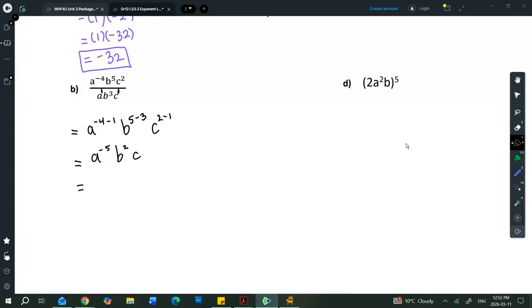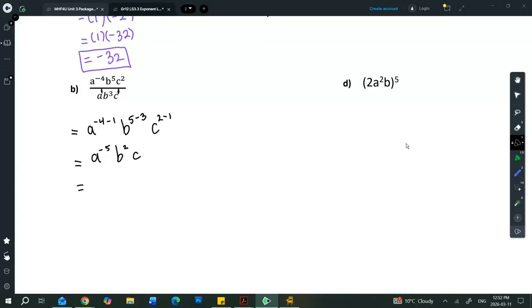So think about what we did here above with the negative exponents. Okay, so we're just gonna switch the side of the fraction that it's on.